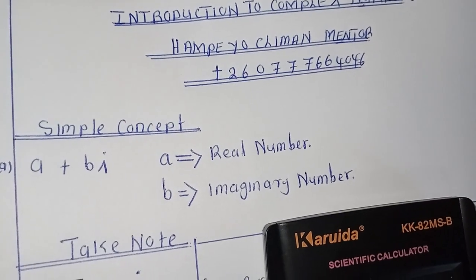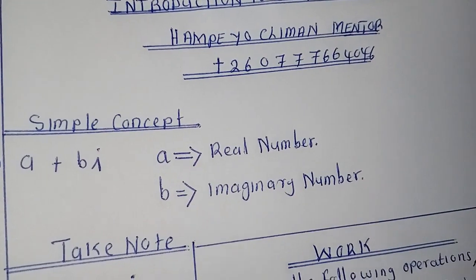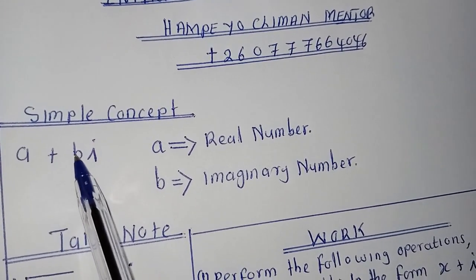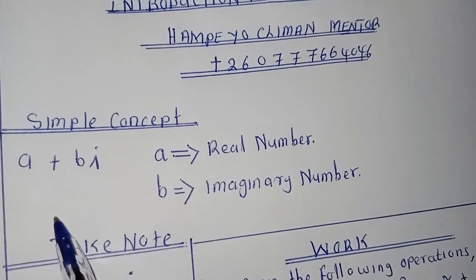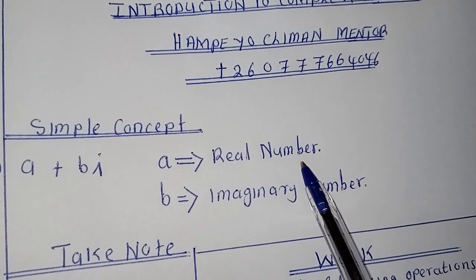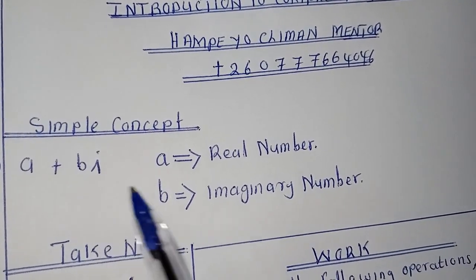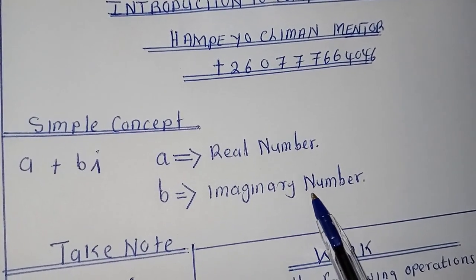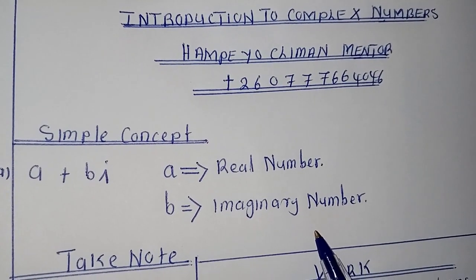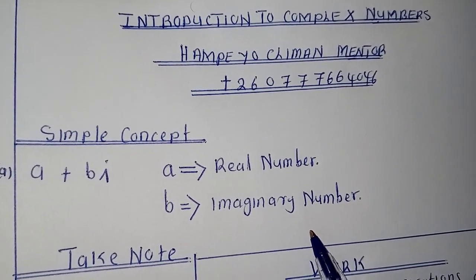So, a complex number is just a number that can be expressed in the form a plus bi, where a is called the real number and bi is called the imaginary number. So complex numbers are a combination of both real numbers and imaginary numbers.